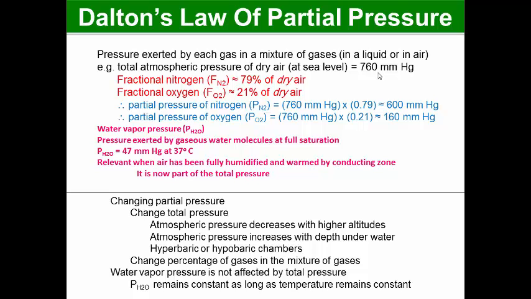So if the fractional concentration of nitrogen is 79%, this means that 79% of the total pressure is exerted by nitrogen. So the partial pressure of nitrogen is equivalent to 760 millimeters of mercury, the total pressure, multiplied by the fractional concentration of nitrogen, which is 600 millimeters of mercury.